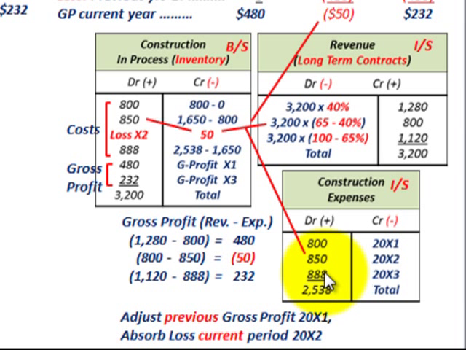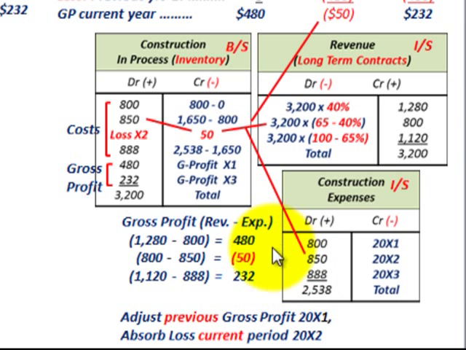So if we went up to our chart, we would see that. Our total gross profit is simply the 3,200 of our total revenues recognized on this contract, reduced by construction expenses of 2,538. You're going to come up with the gross profit that we calculated here.